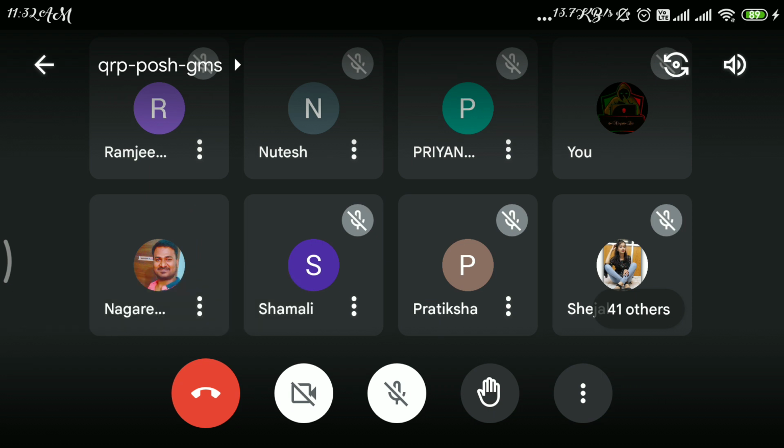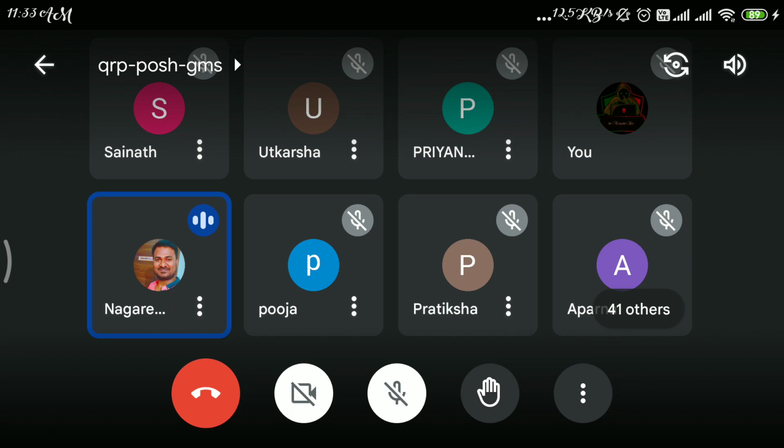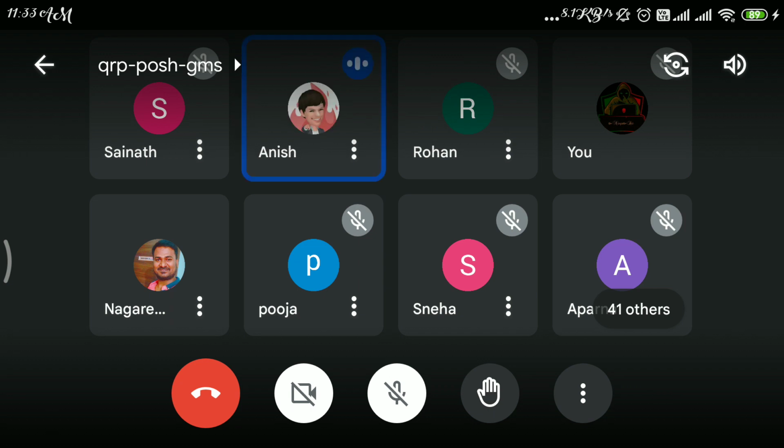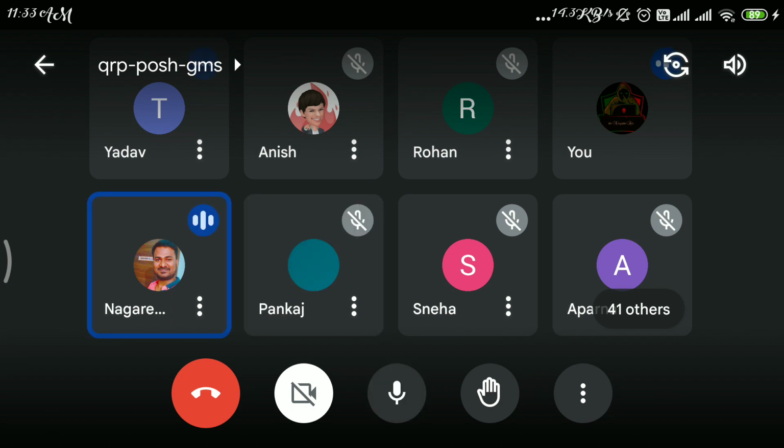47 present, sir. 48, present, sir. 49, present, sir. 50, present, sir. 51, present, sir. 52, present, sir. 53. 54. 55, present, sir. 56, present, sir. 57, Pankaj, present, sir. 58, Roshan, 58 is present.